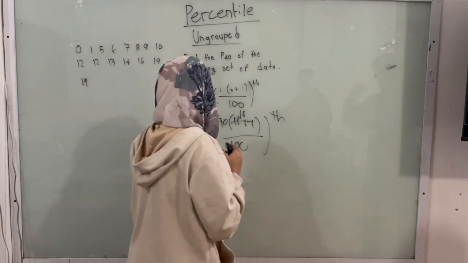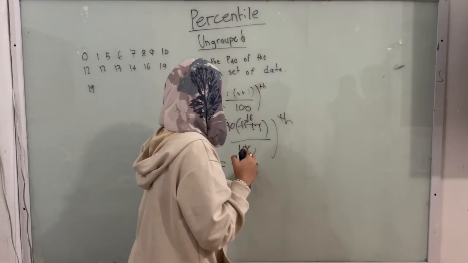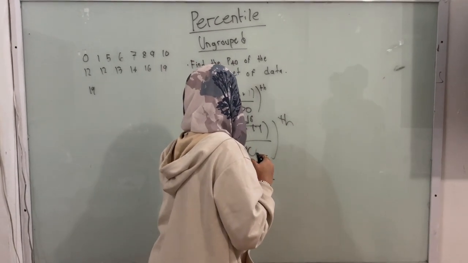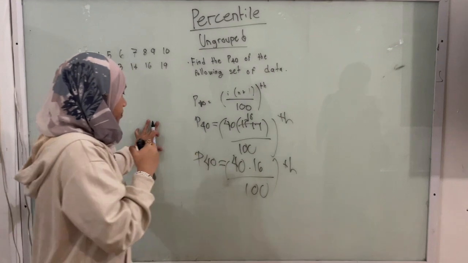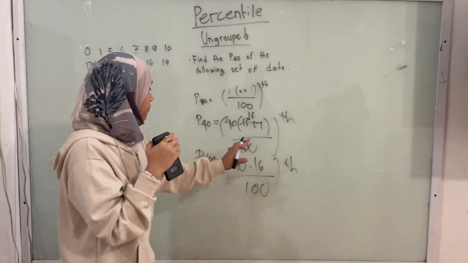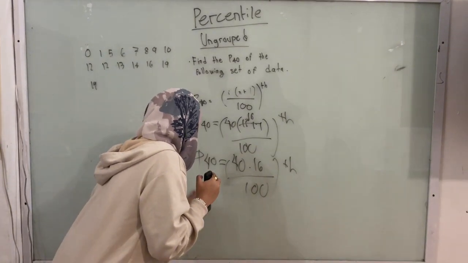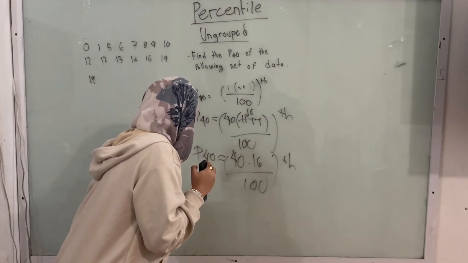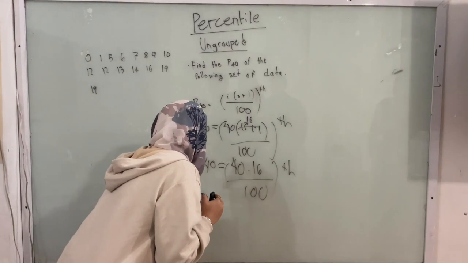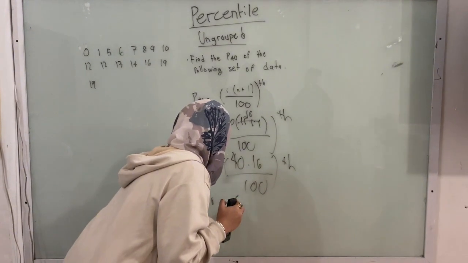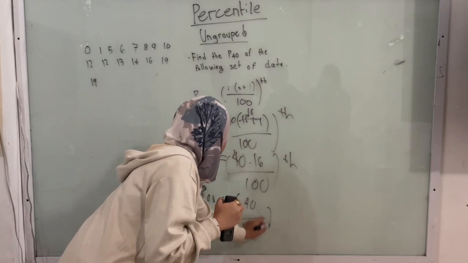P40 is equals to 40 times 16 divided to 100. So, ita-times natin yung 40, then 40 sa 16 is equals to, so bale, ang result 640. So, P40 is equals to 640 divided to 100.